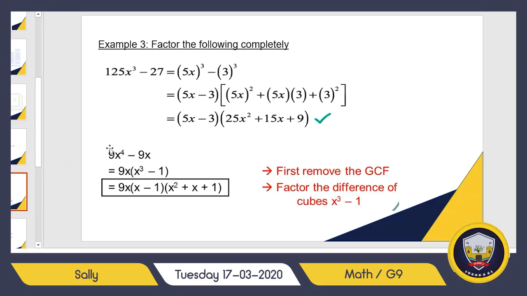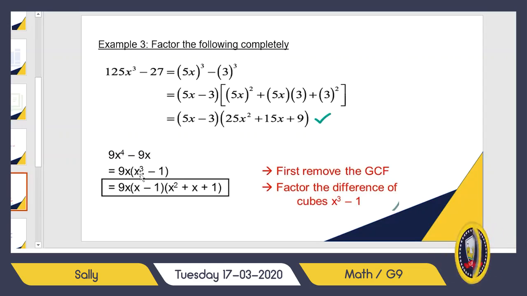What's remaining from the first term? I took the 9 and I took 1x from the 4 x's. So the remaining is 3 x's, right? So I will write down here x to the power of 3 minus, I took all this term as a common factor, 9x. So the remainder is 1. I write it as 9x because this is the common factor from the two terms.